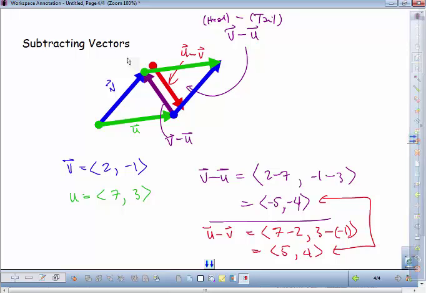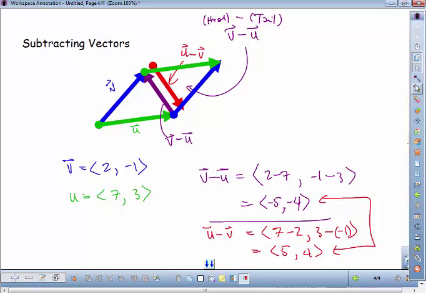Now we're going to move on. The next simple operation we can make with vectors is multiplication, but multiplying two vectors together is going to be a little tricky, so we're going to save that for last.